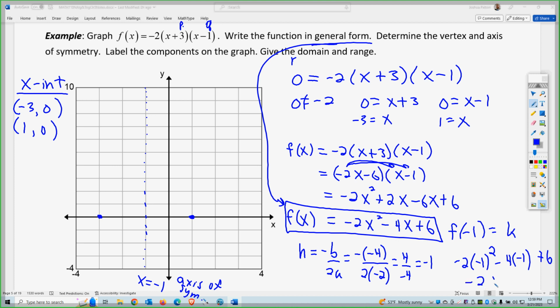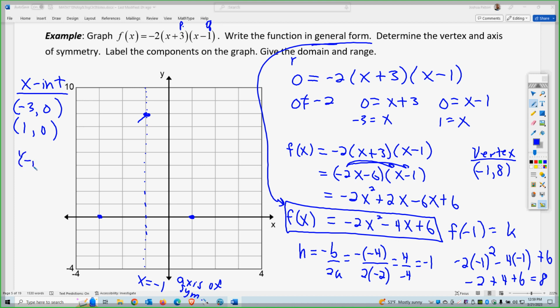So that's -2 plus 4 plus 6. So essentially it's 10 minus 2. So that's what? 8. So my vertex is -1, 8. Okay. So -1, 8 is right there.